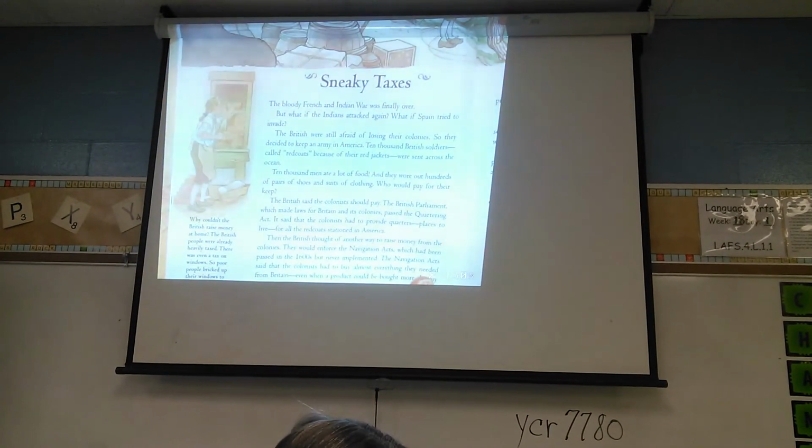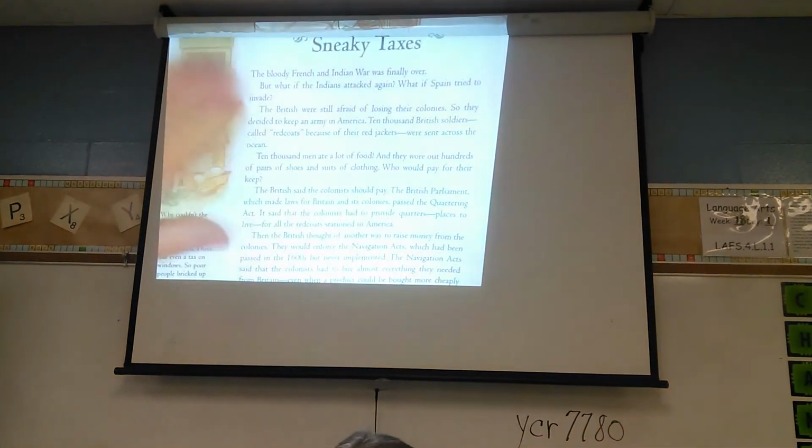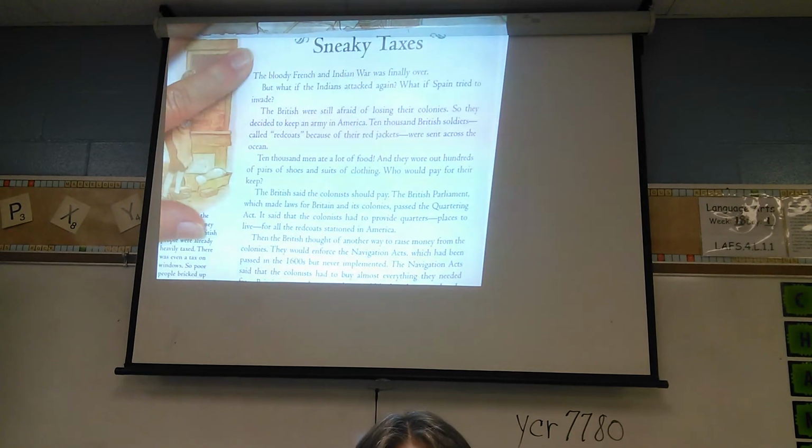I don't know why, oh, there it is. And this was the sneaky taxes chapter. It's actually the third chapter, but it's the first chapter where we start to see the change in the happiness that the colonists felt.